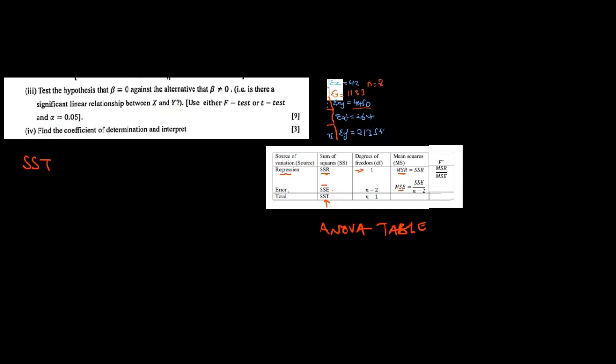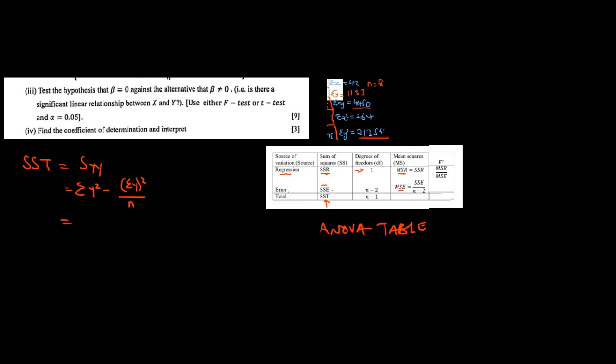The total sum of squares is given by the summation of y squared minus the summation of y, which you square, divided by n. So what is the summation of y? The summation of y squared is this.